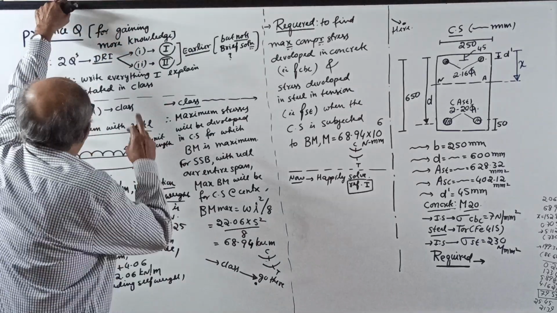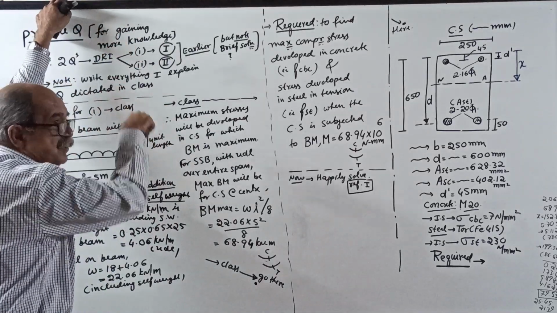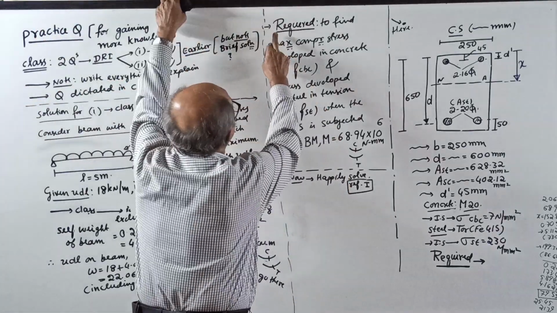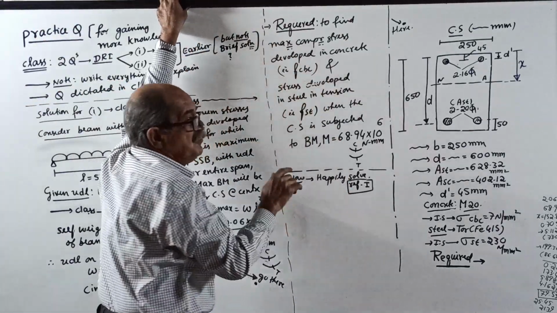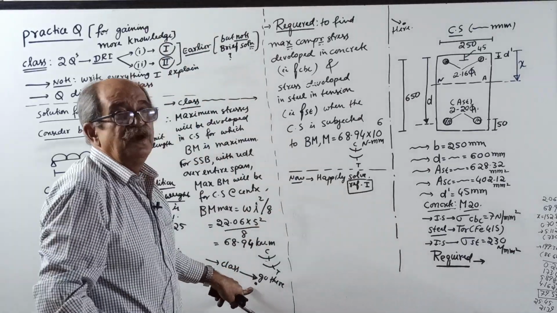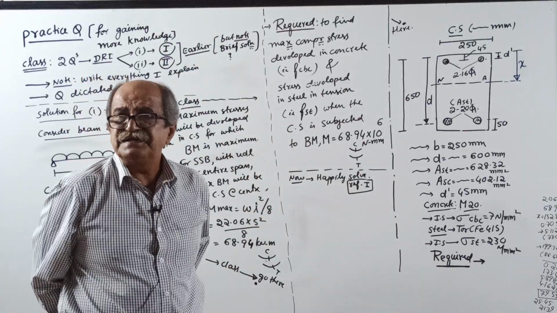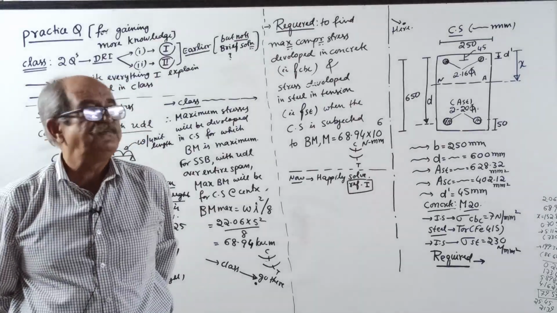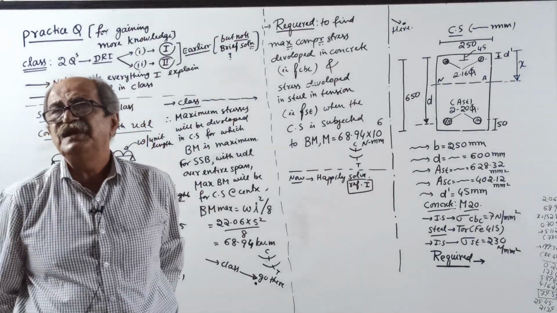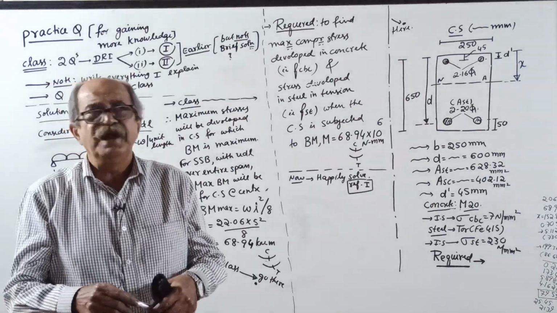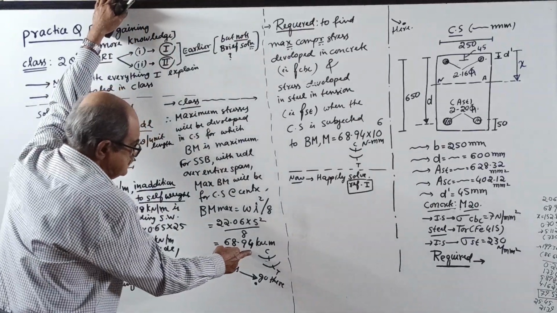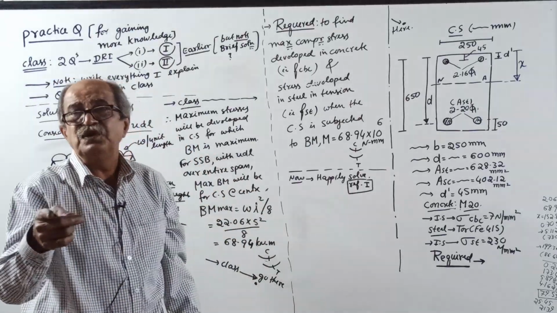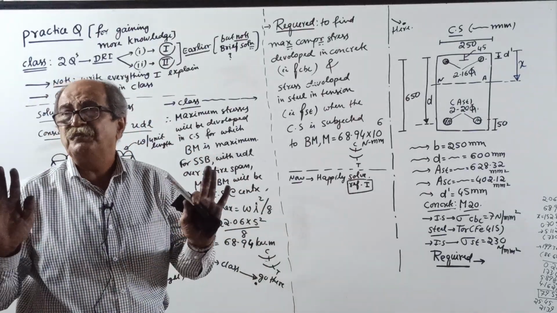Therefore, our question 1 will reduce to finding the stresses developed, maximum stress in concrete in compression, FCBC, and stress in tension steel, FST, when it is subjected to a bending moment of 68.94 kilonewton meter. Whatever stresses you get will be the maximum for the beam.